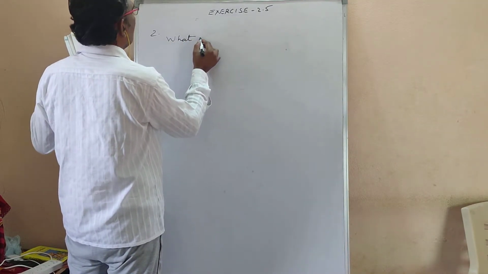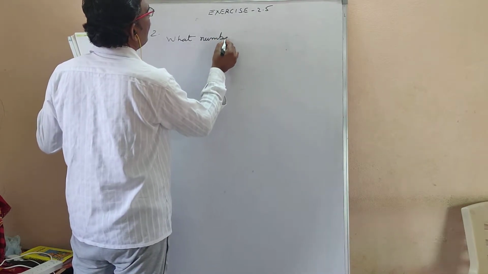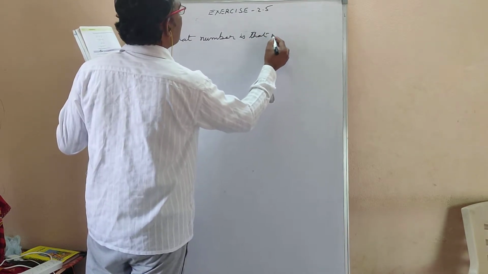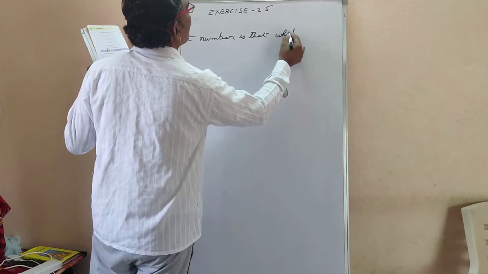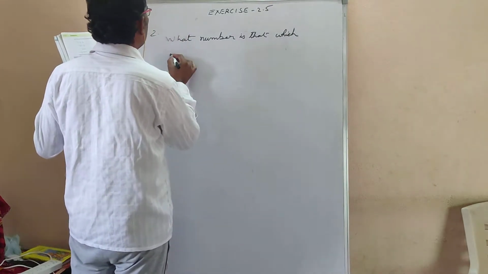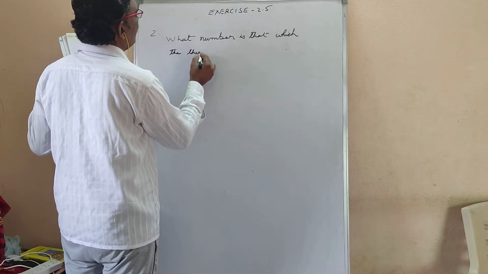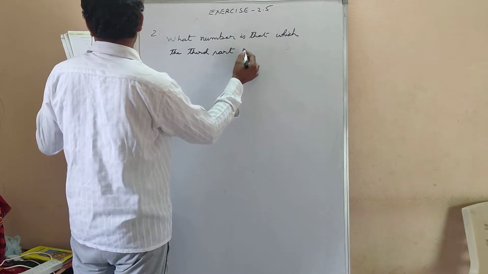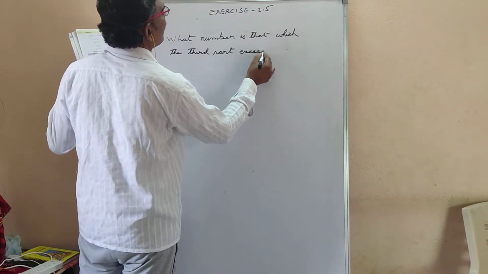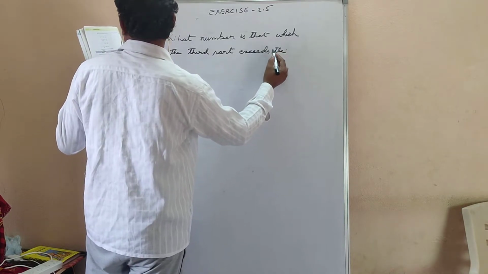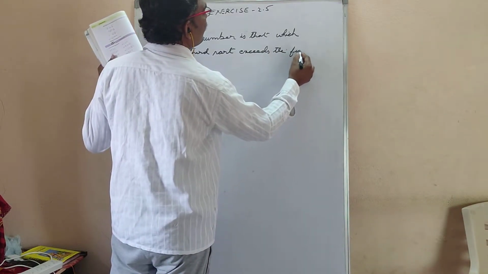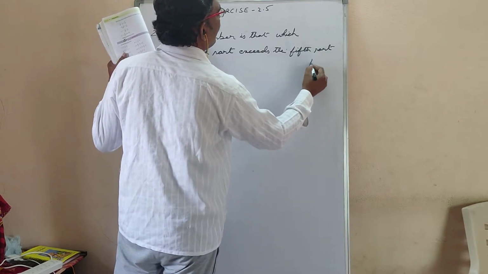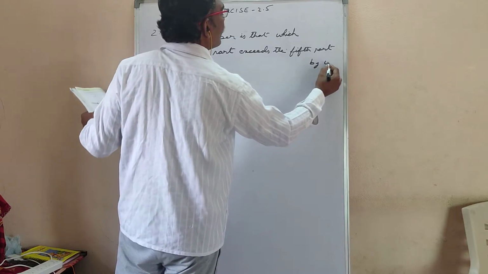What number is that, which the third part exceeds the fifth part by 4?